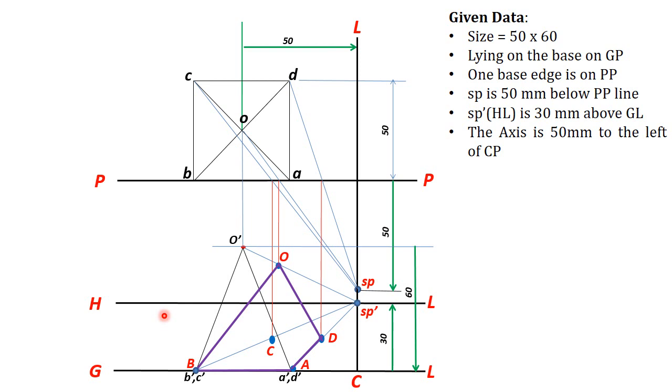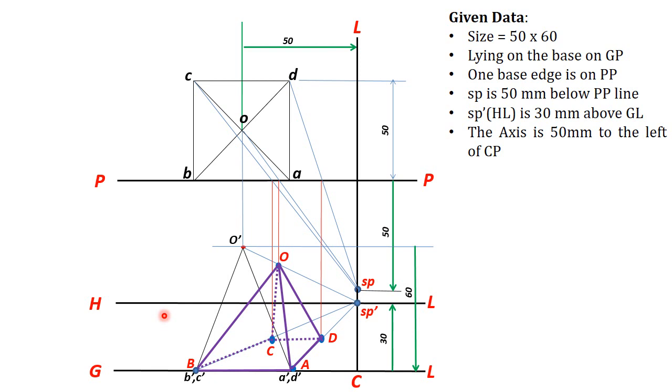In this problem, you can see the edge AO is nearer to SP, and in front view also AO is nearer to SP dash. So AO you can directly see. So AO is visible here, so mark AO first, then find an edge which is crossing this visible edge AO, that is CD. So CD will be invisible because it is crossing a visible line.